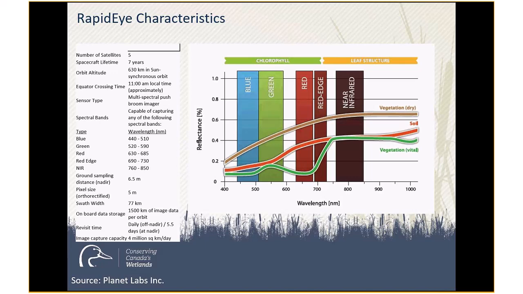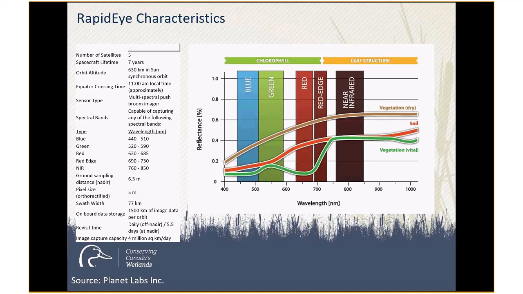So repeat frequency is important. RapidEye is chosen primarily on that basis, that there's a revisit time of 5.5 days. We have pretty decent spatial resolution of 5 meters, and spectral resolution, the 5 bands are pretty good.